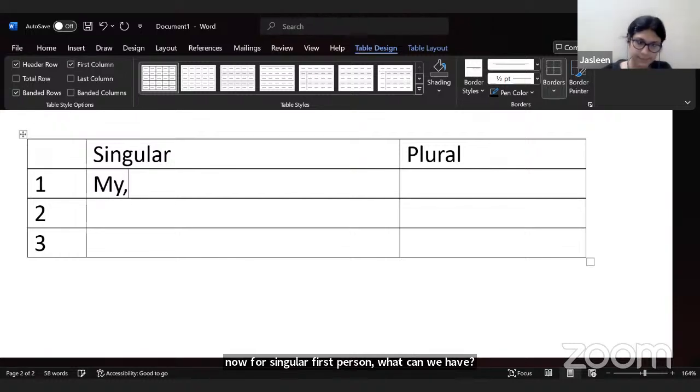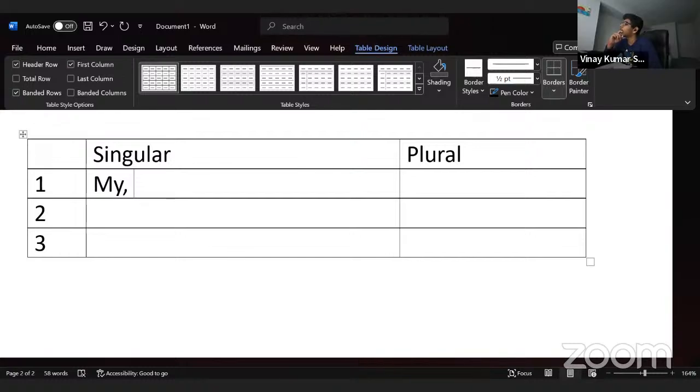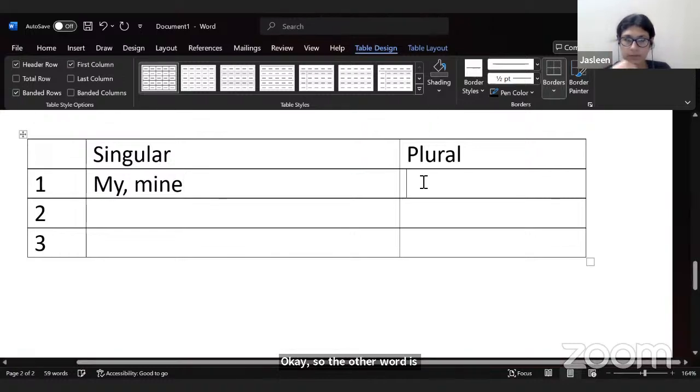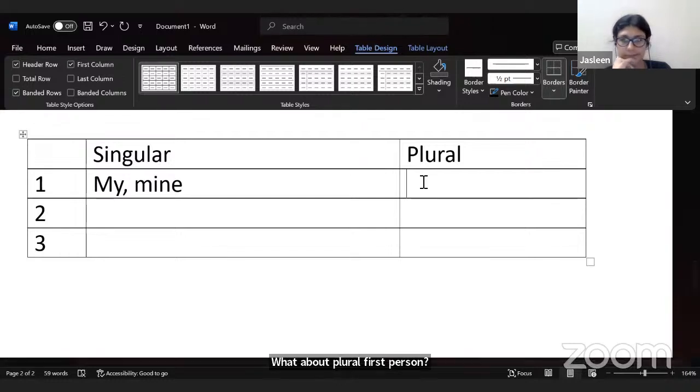What else? There is one more word. I, no. I is a singular noun, but it is not a singular possessive noun. So the other word is mine. What about plural first person? Think about it. Have some brainstorming.